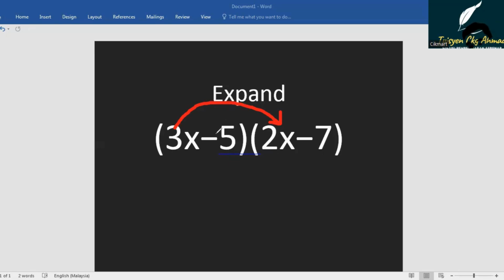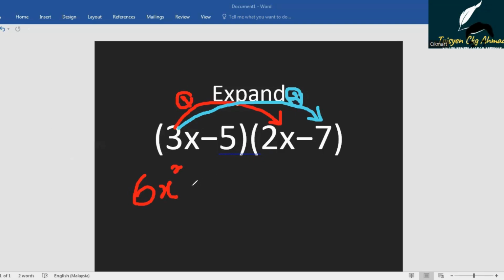Okay, here 3x times 2x is of course 6x squared. Okay, and then followed by blue color. Remember that first we start with red color, followed by blue color.